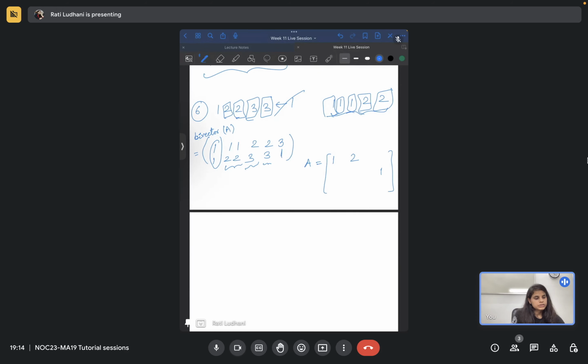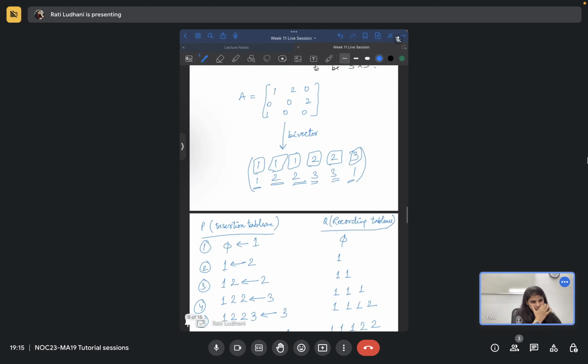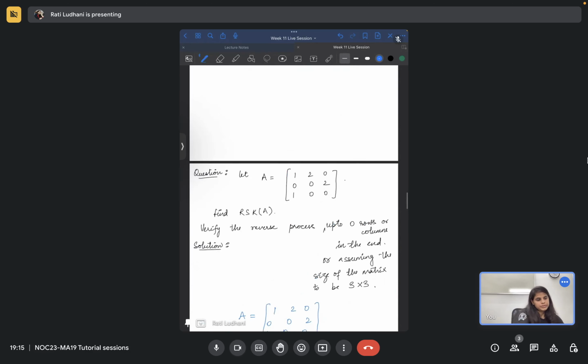Second row, third column, the same one, no? Yes, ma'am. So 2, 2. Third row, first column, 1, and others are just 0, right? That was the matrix.